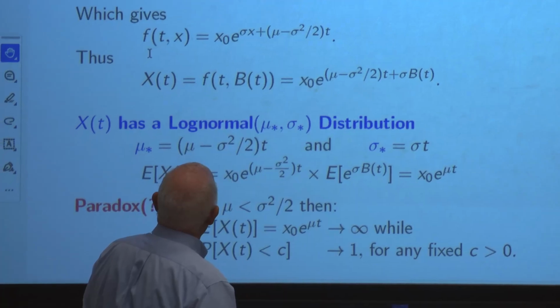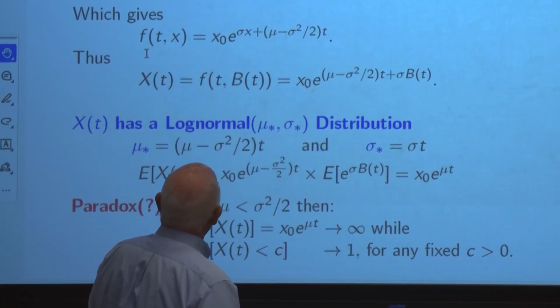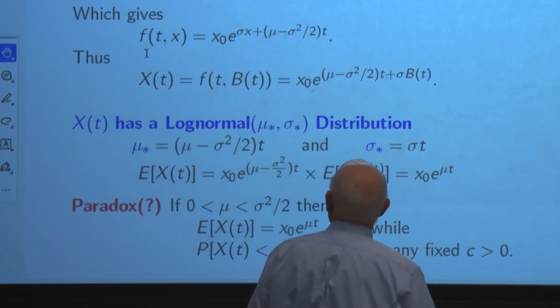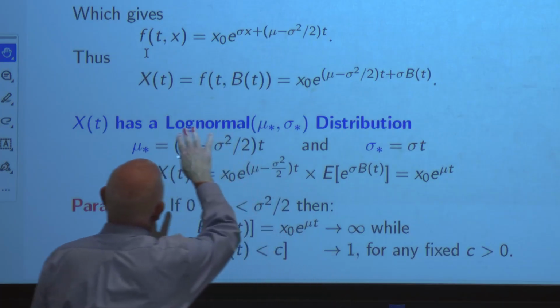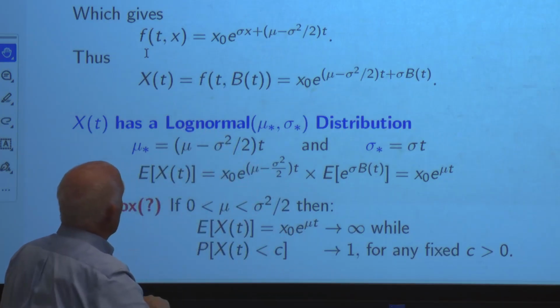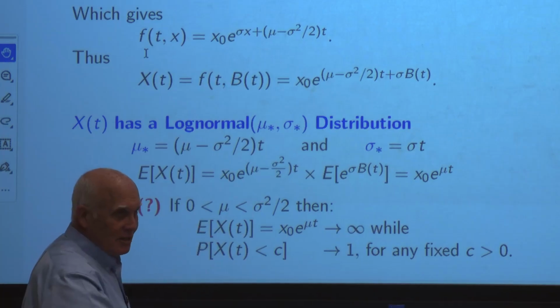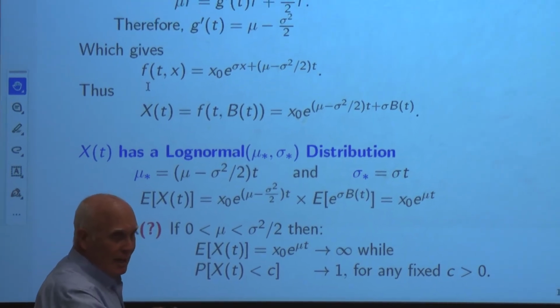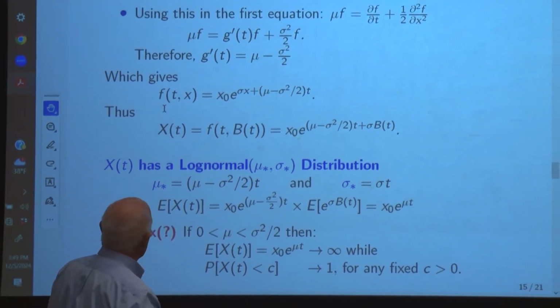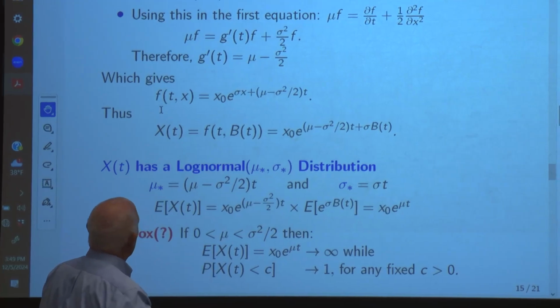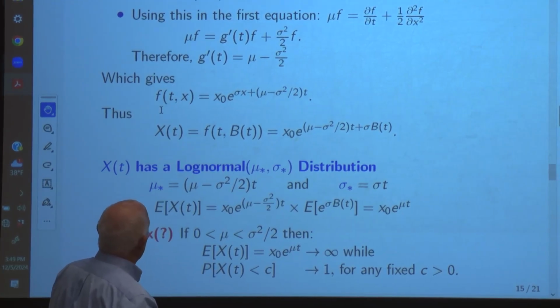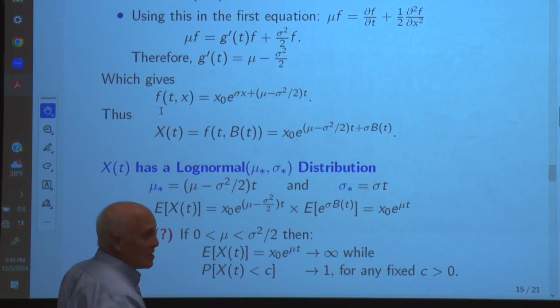With this differential equation for f, mu f equals g prime f plus sigma squared over 2 f. Notice that f is a constant factor in each of those terms. So we can eliminate that common term, and we get g prime is equal to mu minus sigma squared over 2.